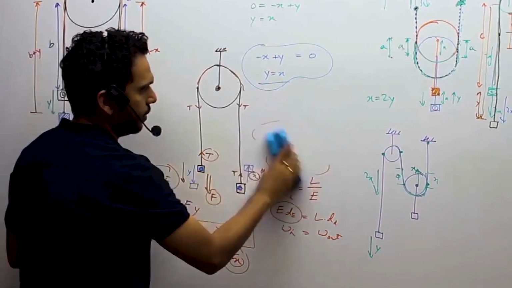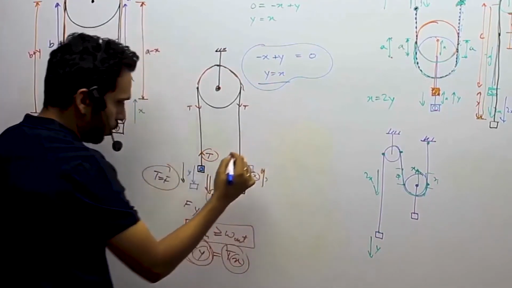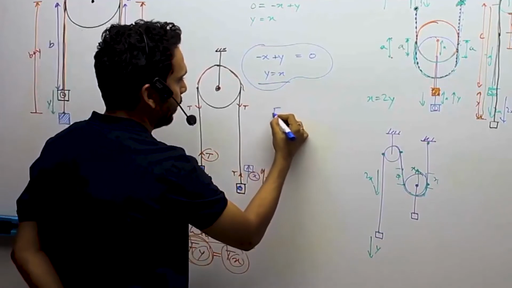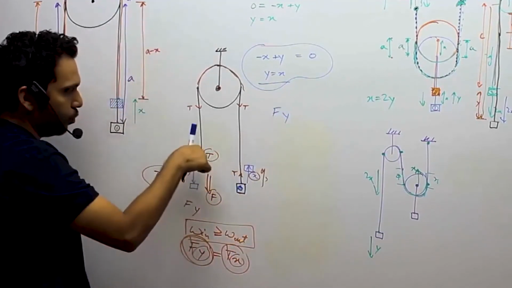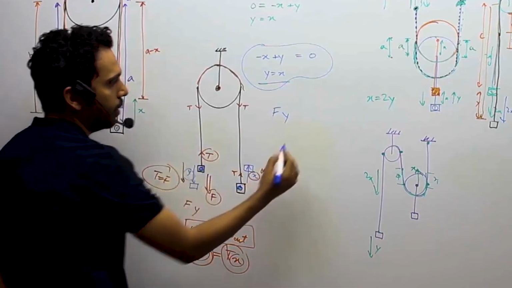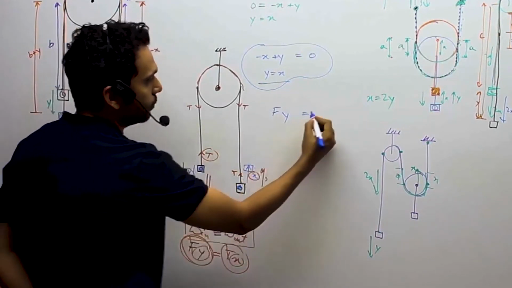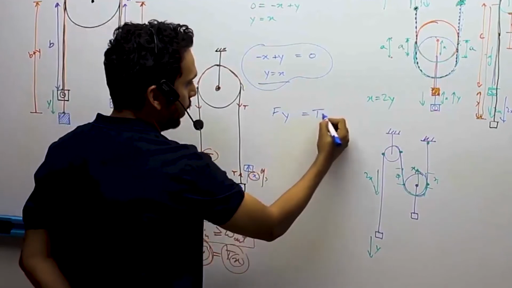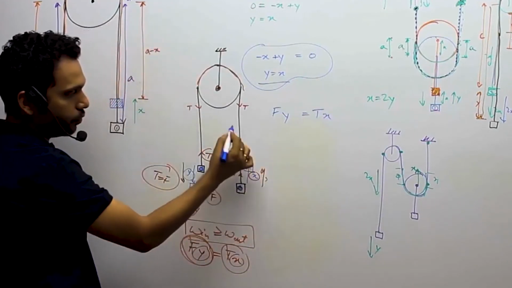I'll just clear this area. So there was a positive work of F into Y because the force direction was downwards and the movement direction was downward. And there was a positive work of T into X because your X was upwards and the tension was also upwards.